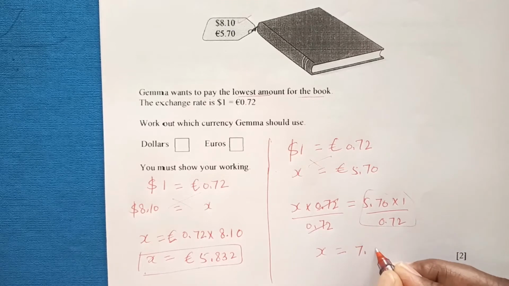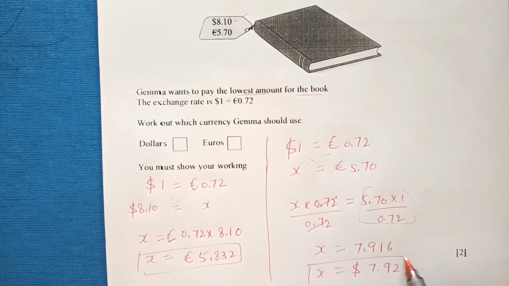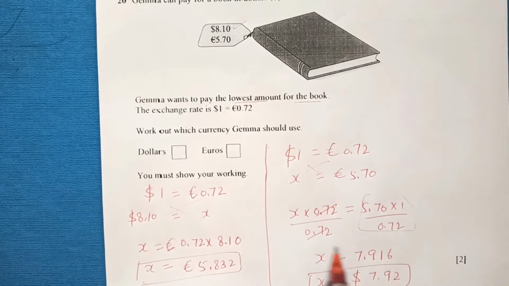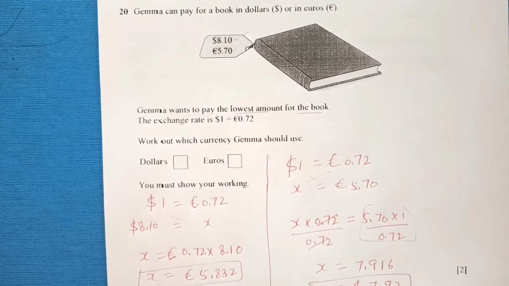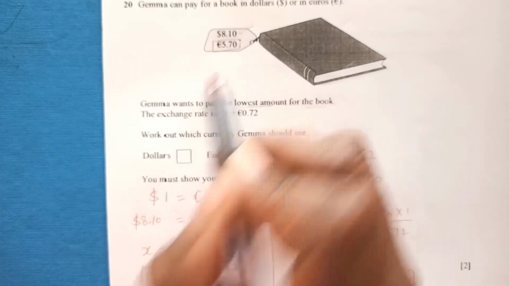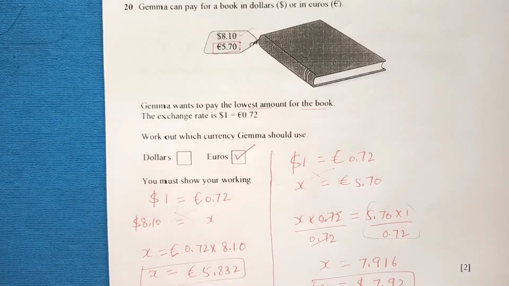I got 7.916, so this is dollars, 7.92 if we round it off. So if he is paying in dollars, the converted rate is 7.92, but the dollar price is 8.10. The euro price is lower on the tag. So he must pay in euros to save some money.